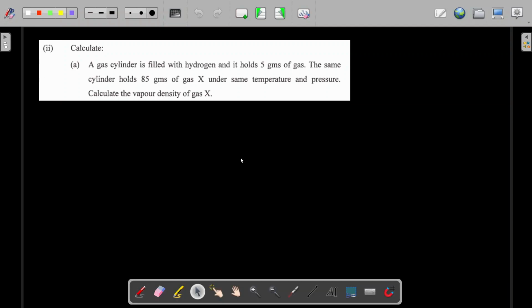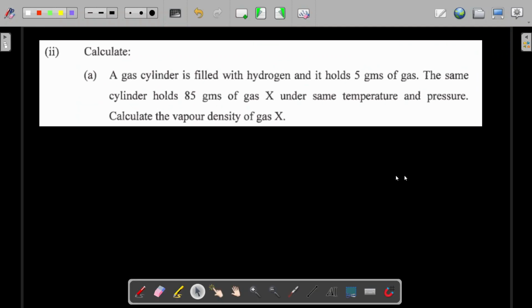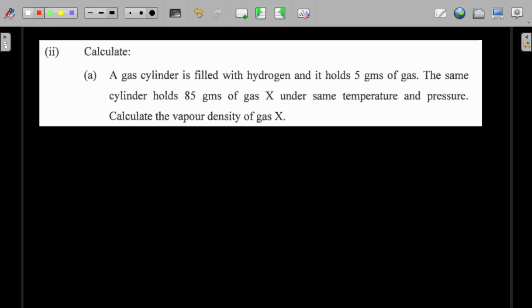But very rarely they have asked questions where they have not given you the vapor density directly, but they have given you the mass of hydrogen and mass of some other gas. Therefore, you should know the definition of vapor density. A gas cylinder is filled with hydrogen and it holds 5 grams of the gas.